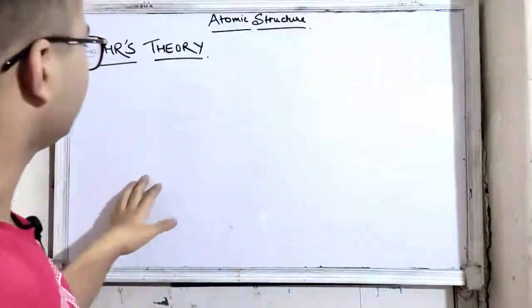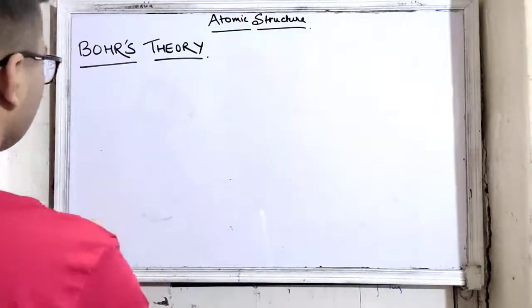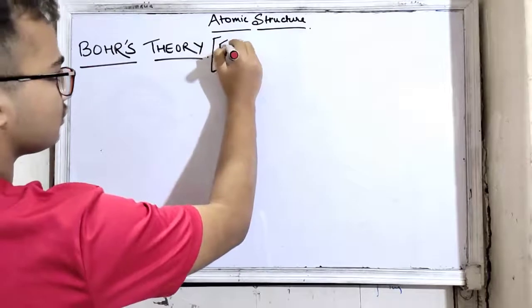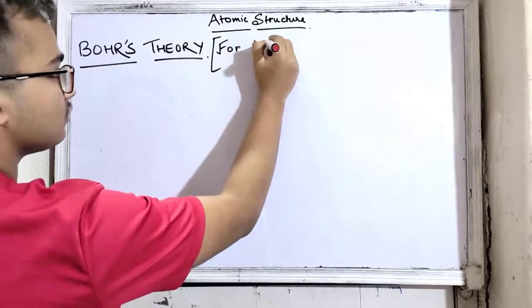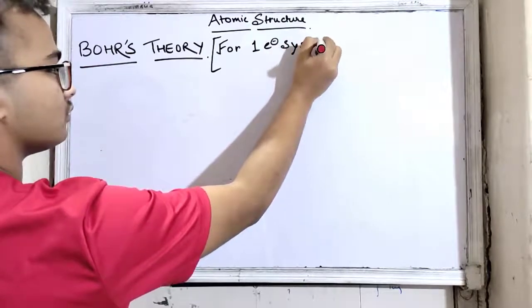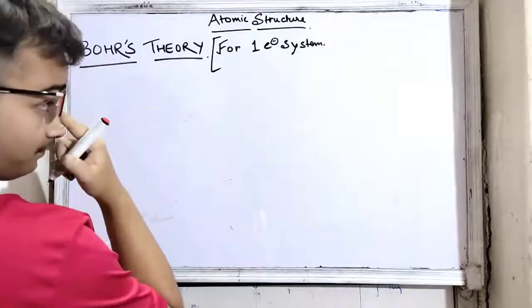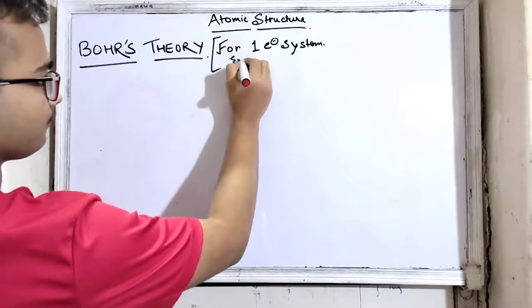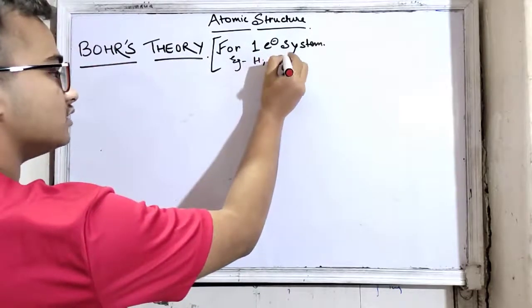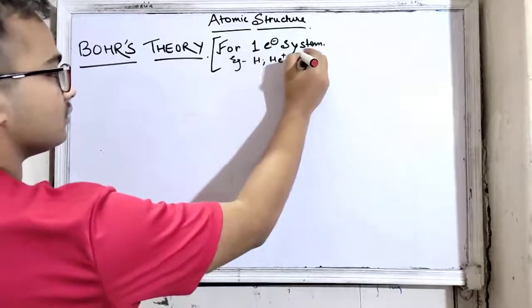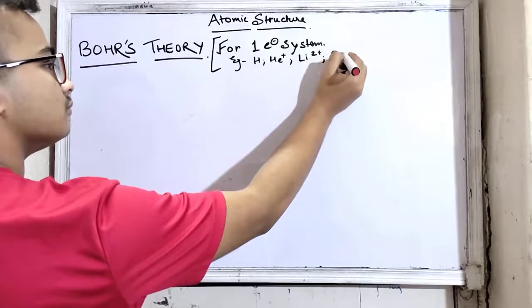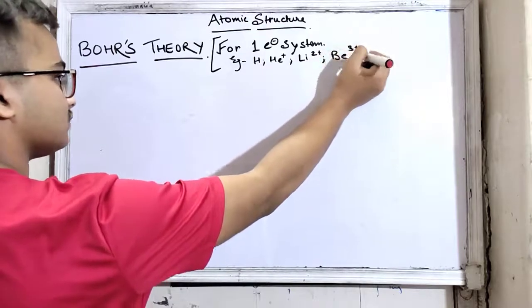So I write here, for 1 e- systems, for example, hydrogen, He+, Li2+, Be3+, and so on.